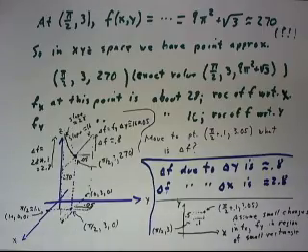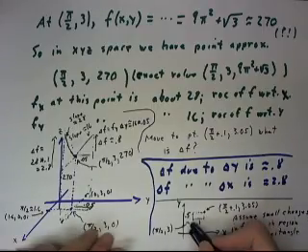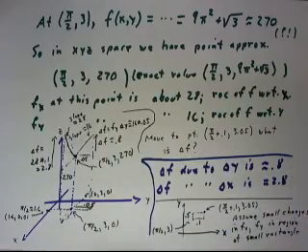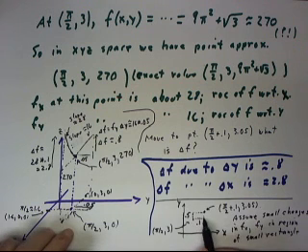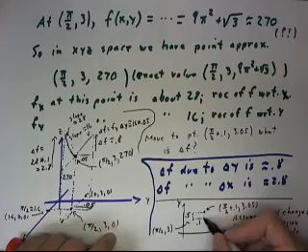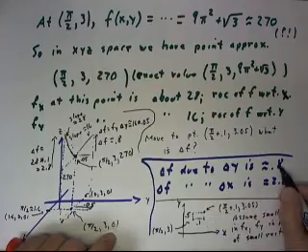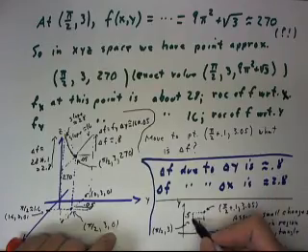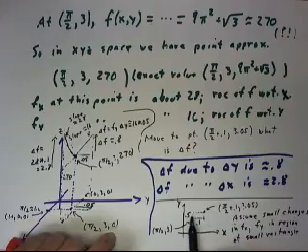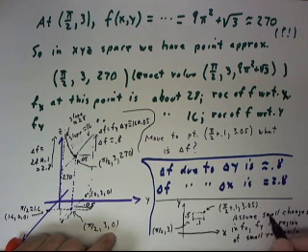If that's the case, then the total change in F as we move from here to here should be the sum of 0.8 and 2.8. If we go from here to here, we expect F to change by about 2.8. If we go from here to here, we expect the change to be about 0.8 because it should be about the same as it was over here. As we change y, we get about the same change, whether we're here or here. So the total change in F should be about 3.6.